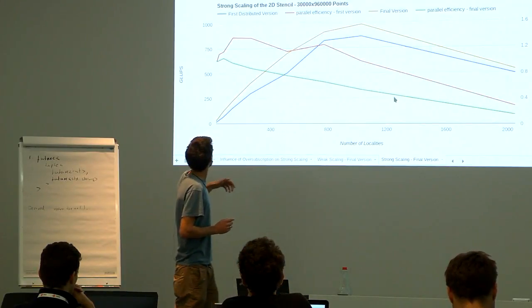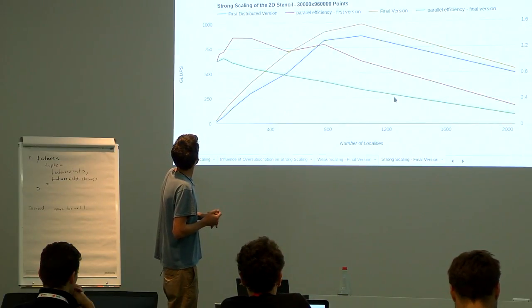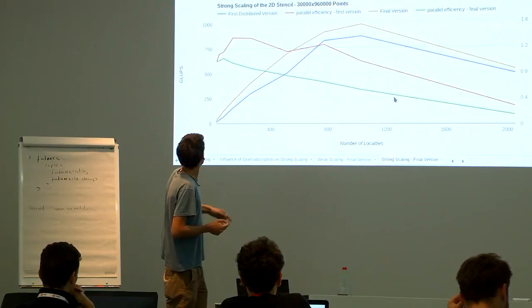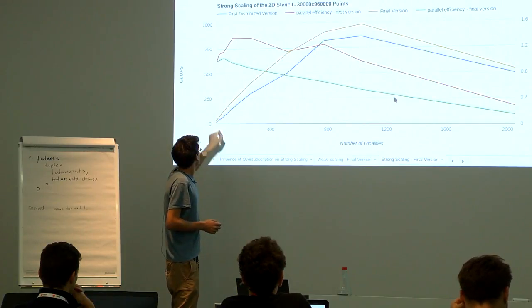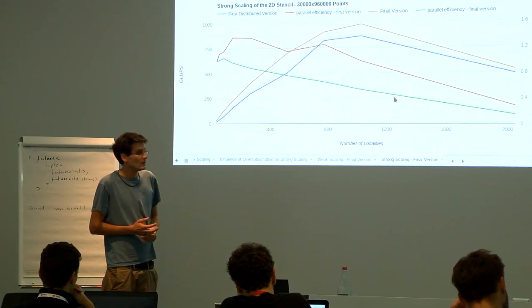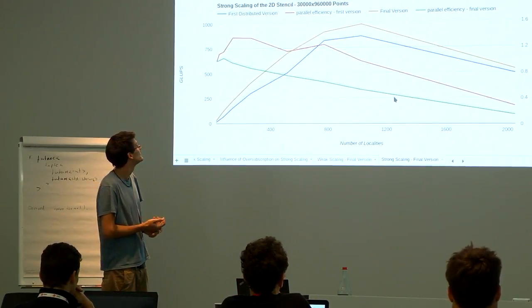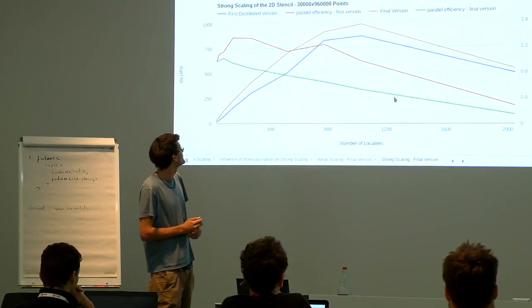But the parallel efficiency is a little bit lower because the version on 16 nodes is already a little bit faster, so that we lose a little bit of efficiency there. But scalability is still there.